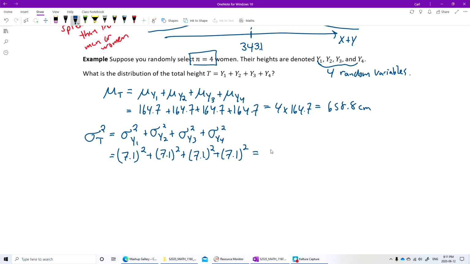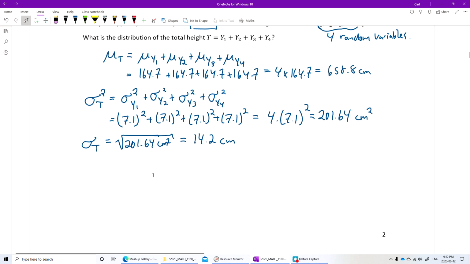So let's call that 4 times 7.1 squared, which is what? 201.64. We should put the units in here. So is it centimeters? Actually, no, because the 7.1 was centimeters. So when I squared, it becomes centimeters squared. So then the sigma for the total is going to be the square root of that, 201.64. And then when I do the square root of centimeters squared, I'm going to get back to centimeters, so 14.2.